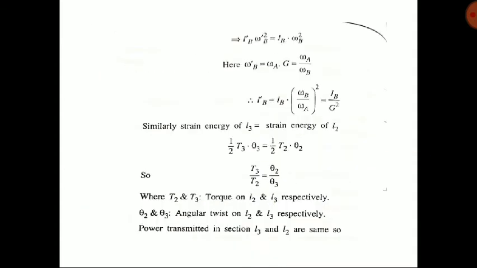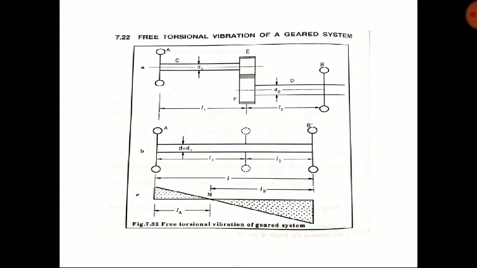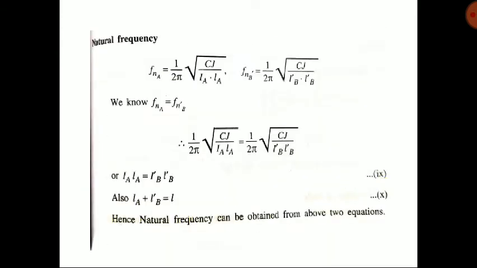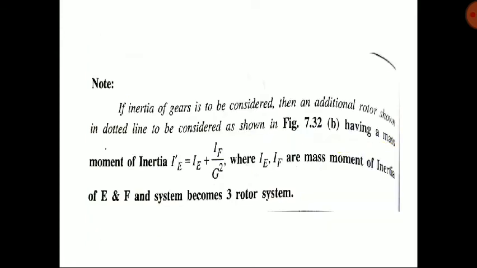And also you can see here, if you are referring to the equivalent shaft figure, La plus Lb dash is equal to the total length L. That is written here, La plus Lb dash equals L. So natural frequency can be obtained from the above two equations.